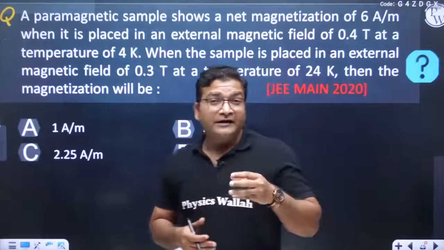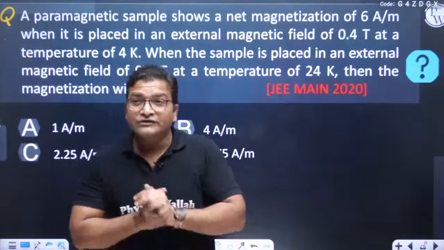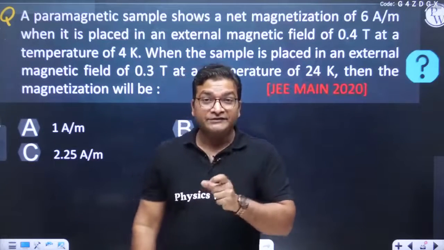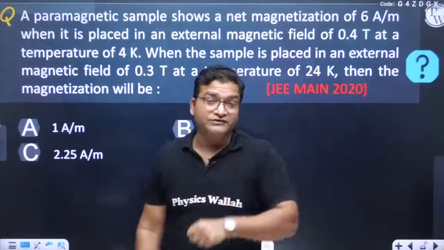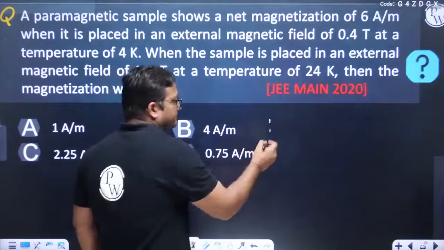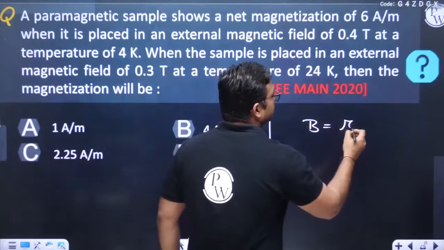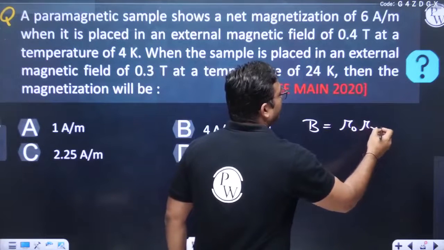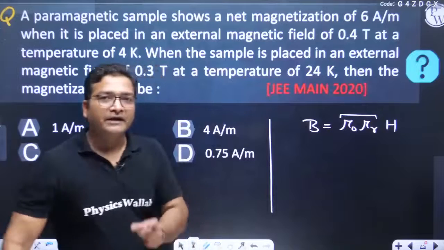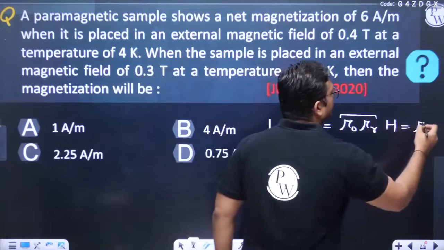So here they are changing the external magnetic field and also the temperature, so the susceptibility is also changing. So let me handle this. As you know, the external magnetic field is equal to mu naught times mu r times H. This collectively is called the net permeability, or you can call it mu.